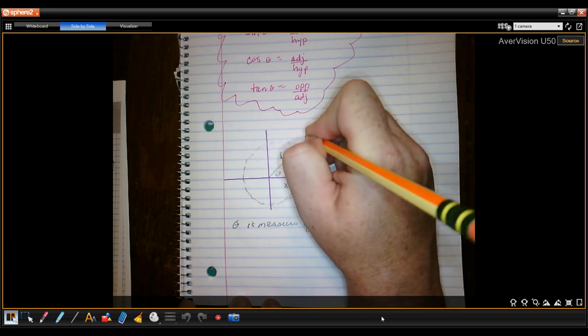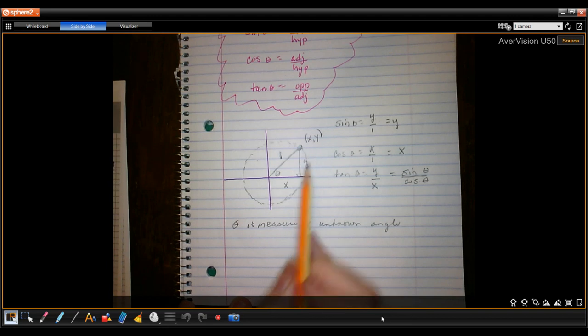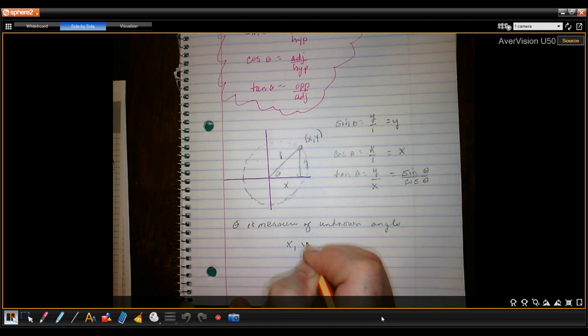You're looking for x, y. The point x, y is the horizontal distance x and the vertical distance y. So x is your cosine, and sine is your y.